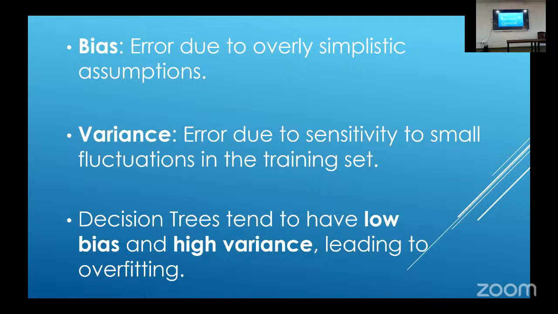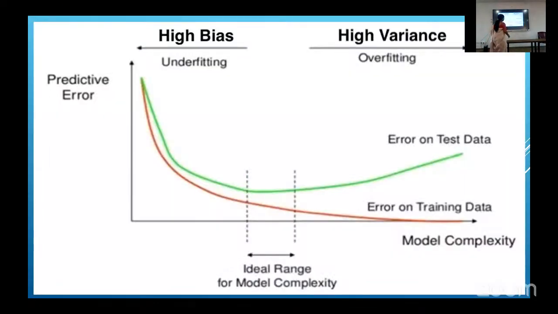Here, bias and variance, we are going to identify both errors. The first one is due to assumptions, whatever assumptions we make. The second, the variance error, is due to the small changes we make to the data set, to our decision tree. Okay, next slide.